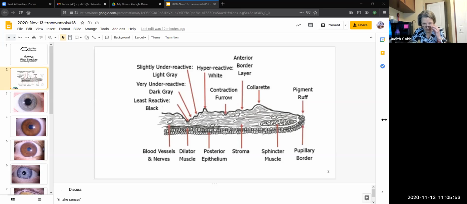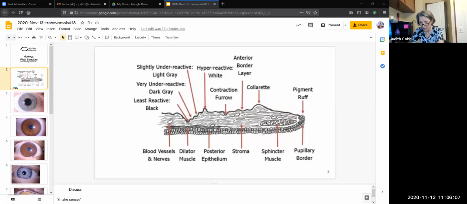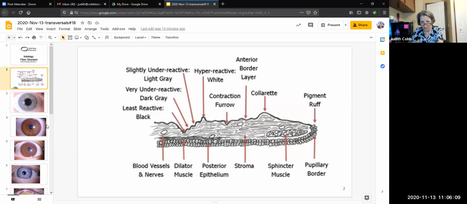And thank you so much, Donna. You are not seeing my slides. Oh my goodness. Okay, you know what? We have had issues with Zoom all along. They are just not being happy and cooperative. Okay, Donna, let me know. Is this better? Are you seeing a black and white drawing of a cross section of an iris? Are you seeing this now?